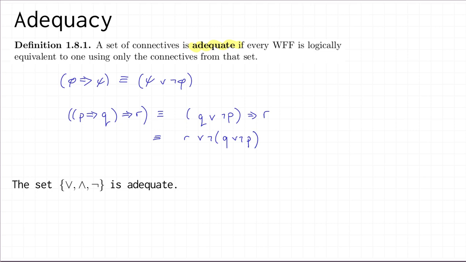It might look a bit complicated, but we can use this method to find, given any well-formed formula at all, a logically equivalent well-formed formula that doesn't use implies. So that was the point of this. What we've got here has no implies in it. So what this shows is that the set of connectives that's just or and not is adequate.